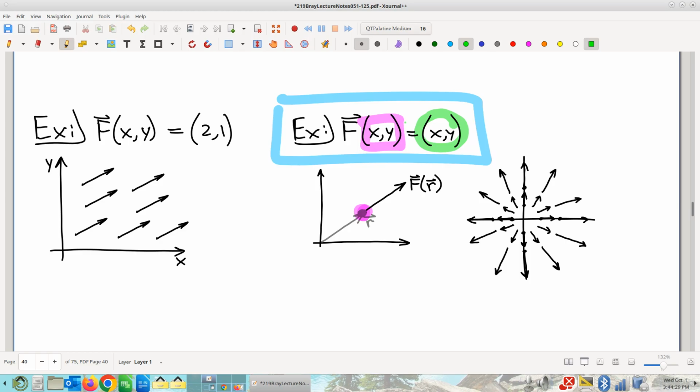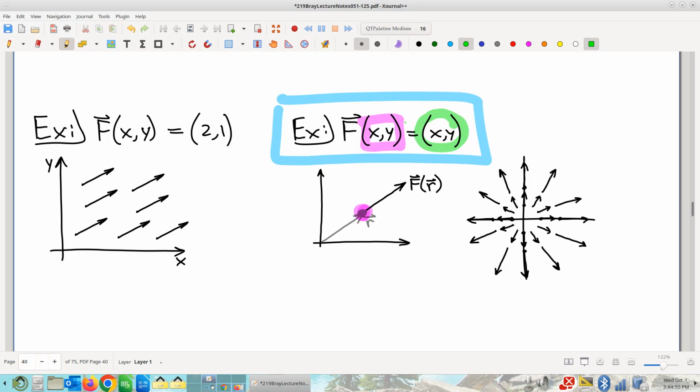Oh, that's wonderful. We should end up with some really nice, simple picture, one would think. But you got to think it through. Be careful. What this is saying is that the field vector has the same coordinates as the input point. But the input we're thinking of as a point, as a location.